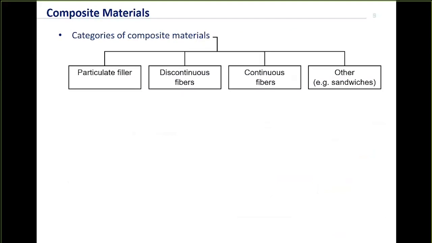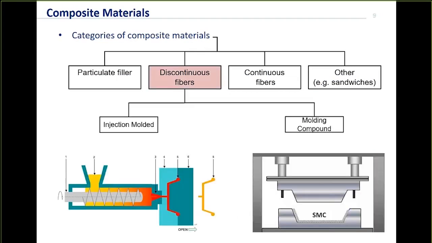Okay, so in this presentation we're going to be focusing on fibre reinforced materials. We can broadly classify these into two groups, which have either discontinuous fibres, or that's chopped fibres, or continuous. So discontinuous fibre composites can include materials with short fibres.